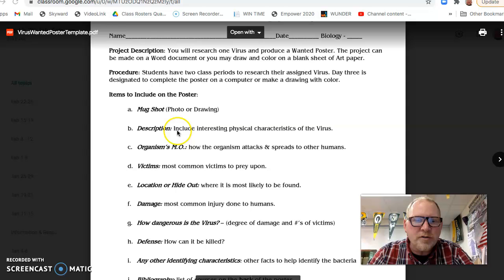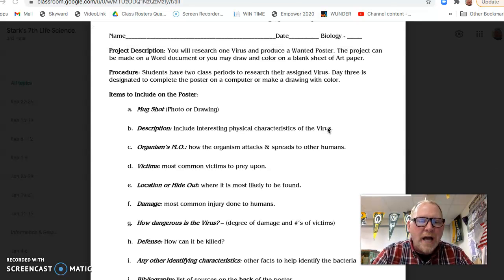Then a description, including an interesting physical characteristic of the virus, the bacteria, the fungus, or the microorganism. So describe it. Tell me something interesting about it. What are its physical characteristics?